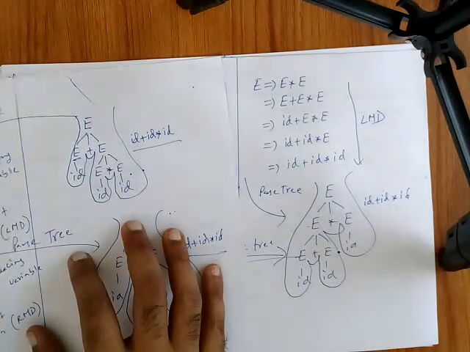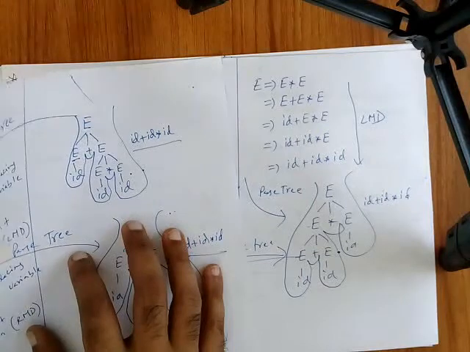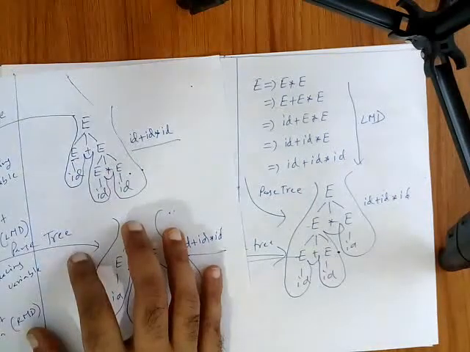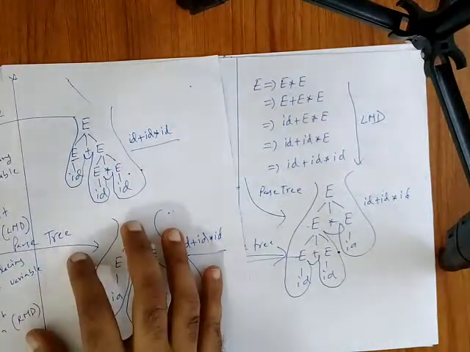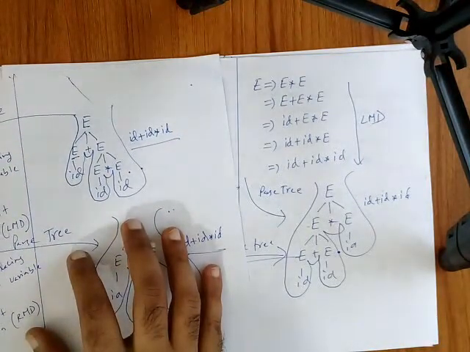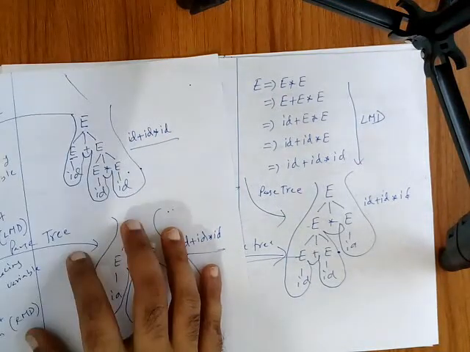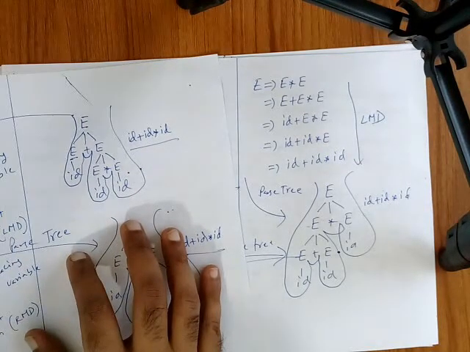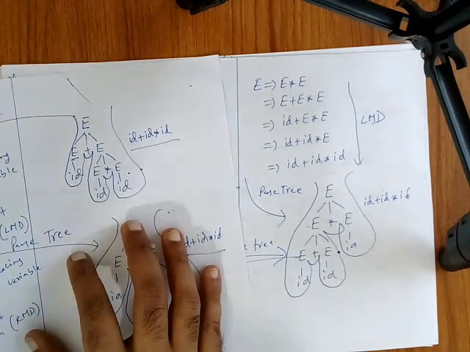If the grammar is ambiguous, there will be more than one LMD. But don't create a single parse tree, then say, sir, I have an LMD and RMD, that's why the grammar is ambiguous. That is not correct. Did you get it? You have to hit the parse tree, not the LMD RMD. Okay, guys?